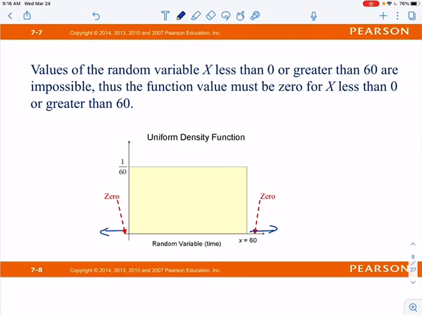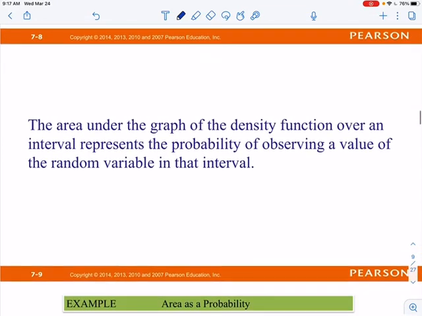There's nothing above it, there's nothing below it. The area under the graph of the density function over the interval represents the probability of observing a value of that random variable in the interval. So far what we've looked at is the entire interval, the 1 hour, and the area there is 1. Your probability that the package is going to be delivered in that time frame is 100%.